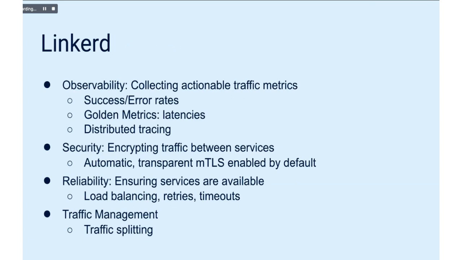So with that, we've talked about distributed systems, why we need to be able to collect those metrics, why we want to secure them, and the basic tenets of a service mesh. So let's jump into installing Linkerd on our OKE cluster, and we'll see how straightforward that is.